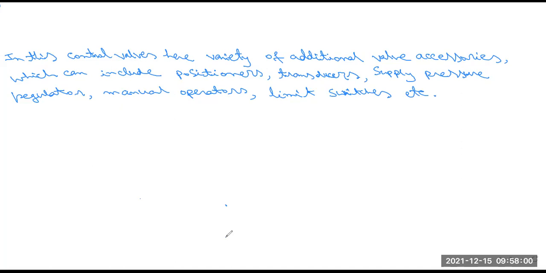Then the supply pressure regulator, which regulates the pressure, that means low level pressure, higher level pressure, or moderate level pressure. Then manual operators, which are operated manually by the user one by one, and also limit switches. Different types of limit switch we have to attach to this control valve. Okay, is it clear, all of you?